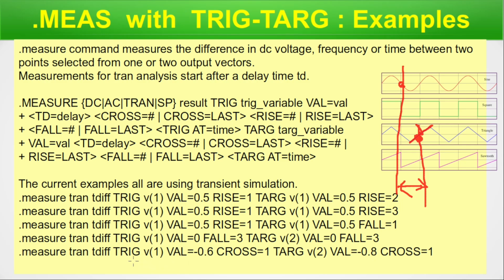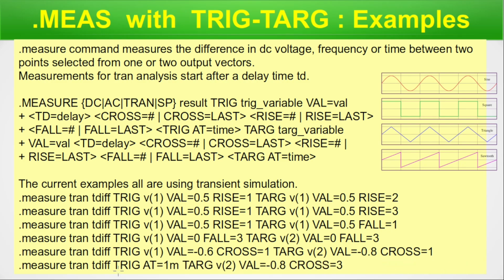So here are two different waveforms, V1 and V2. So this is V1, this is V2, and this is where we are measuring the time difference. So there will be multiple things that you can measure using this measure philosophy in the different types of VLSI characterization that we have already spoken about in a few slides back, where we have shown 3 different areas where these are applicable. The last example, trigger at 1 millisecond, target V2.